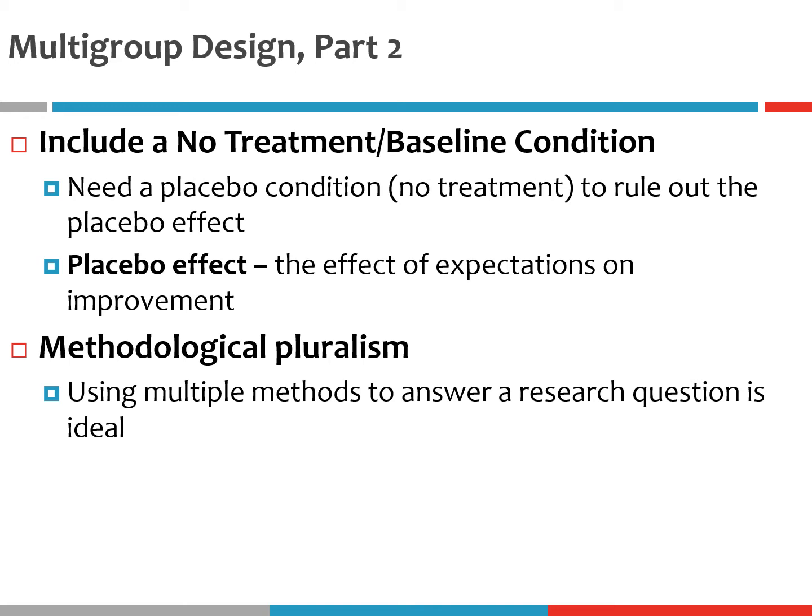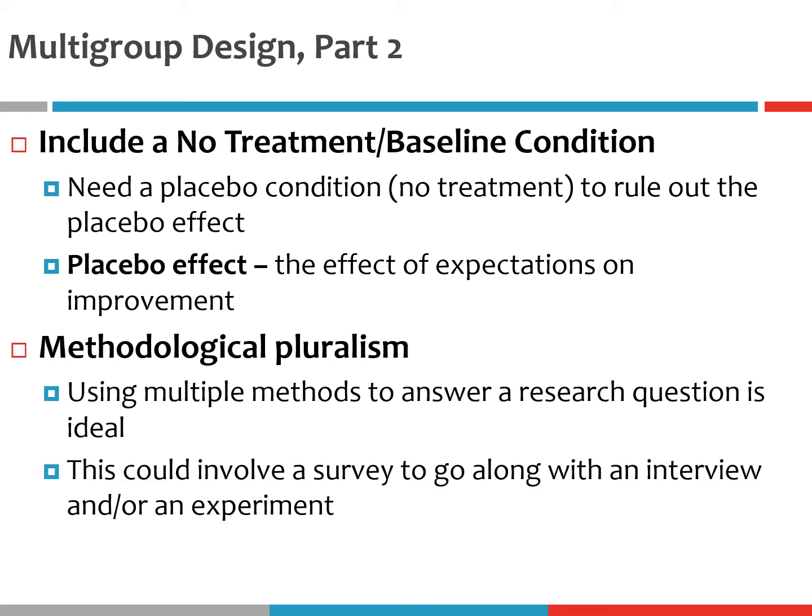So I always like to try to use, if possible, multiple methods. Could be descriptive data, could be survey data, could be experimental data. The more different methods you use, the more confident you are in the answer. So run that survey, run that interview, run that experiment, and then if they all agree, then you pretty much have a pretty good answer, right, as to what's happening.